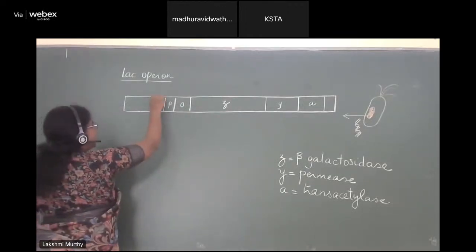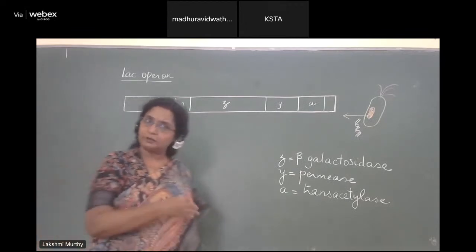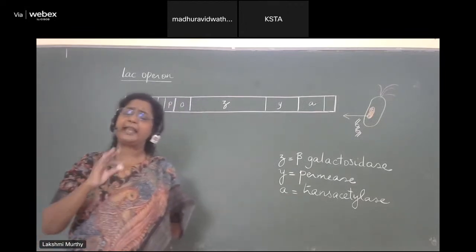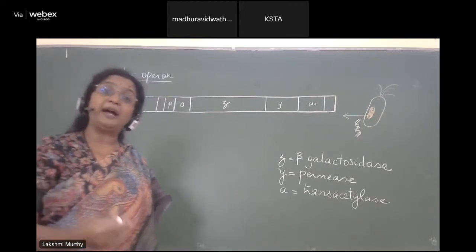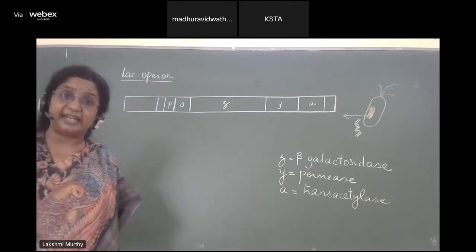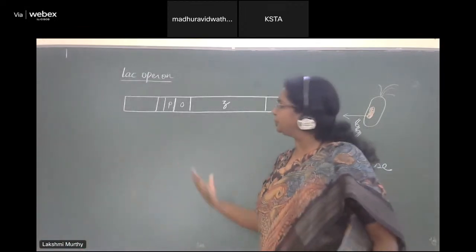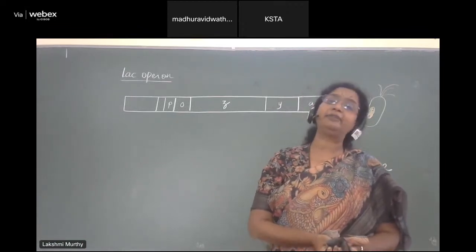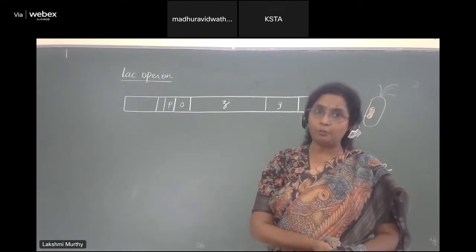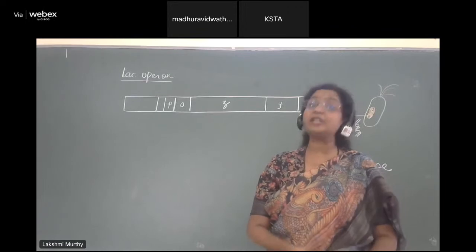There is a small gene present here which has not been mentioned in your NCERT book. That also I will tell you later, because it's an excellent neat question that can be asked. Even sometimes in JEE, particularly in JEE Advanced, they can ask some of the questions related to gene expression, because you do have genetic material and biomolecules that are explained in the chemistry part.